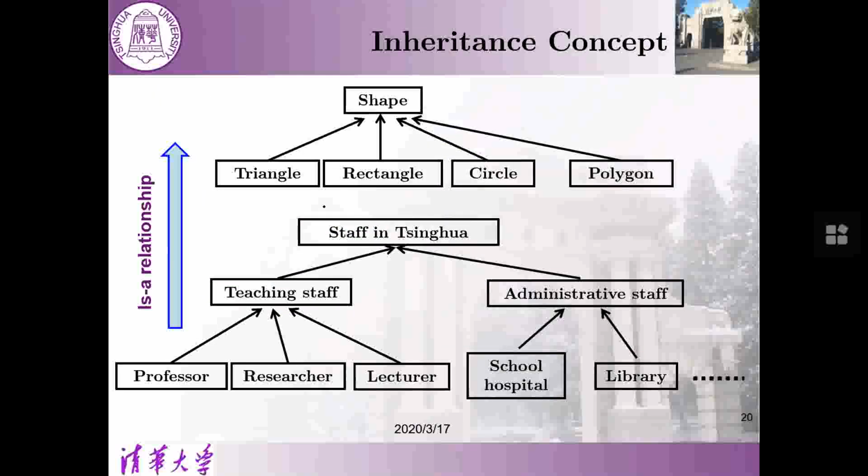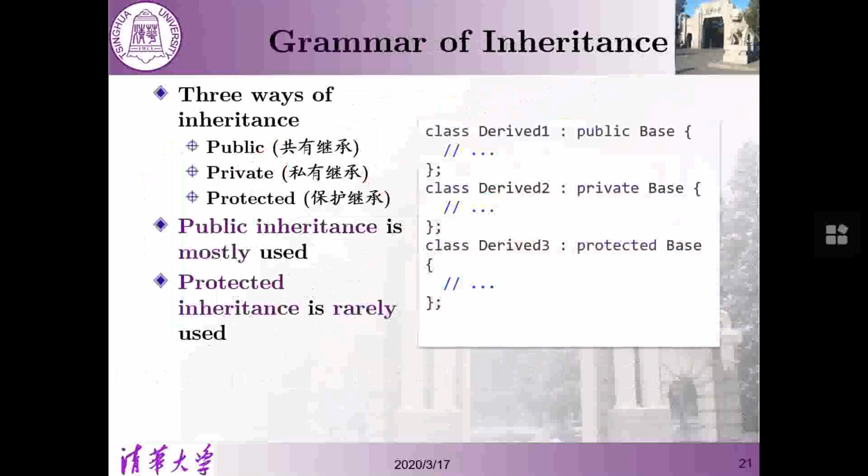In this example, every shape should have some member like area and a get area function. Then all these shapes inherit these member variables and member functions. Also for staff at Tsinghua University, I think all of them have some salary, so this is also inherited by all the staff in this university.